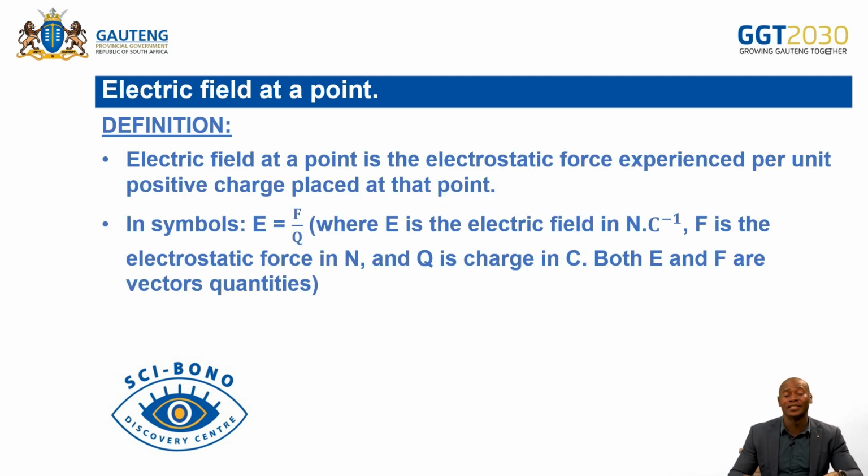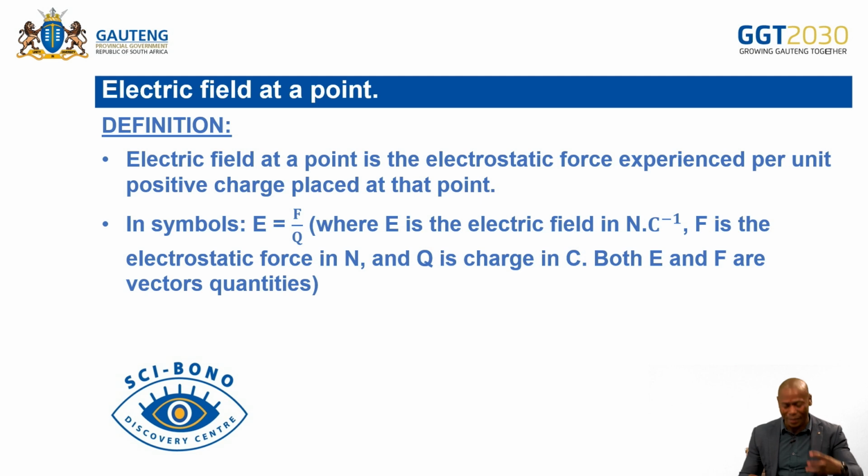Now let's look at the electric field at a point. Let's not confuse electric field with electric field at a point. What is electric field at a point? Electric field at a point is the electrostatic force experienced per unit positive charge placed at that point. Then what is the electric field?